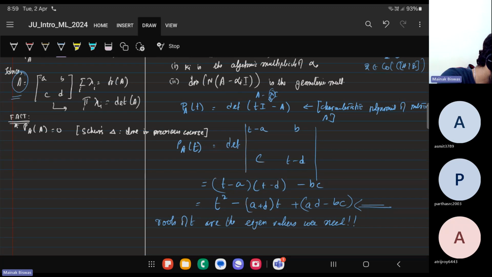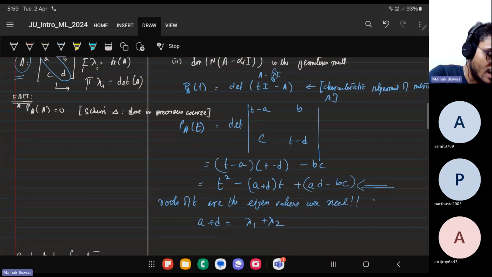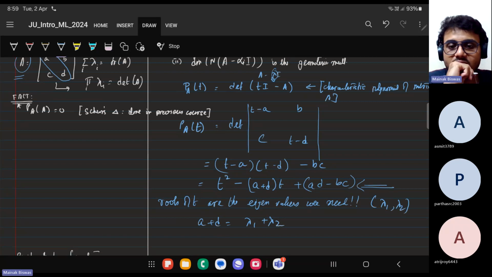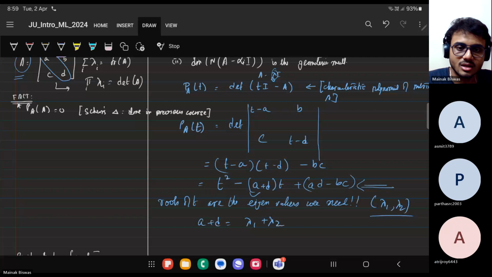See this a plus d. a plus d is equal to lambda 1 plus lambda 2. Yes or no? They are lambda 1 and lambda 2, the roots of a quadratic equation. The sum of the roots is equal to the trace.